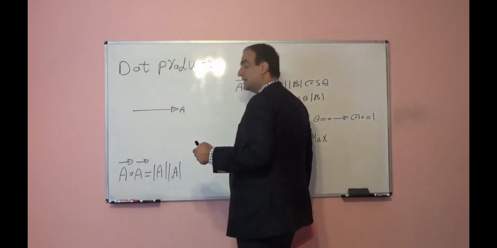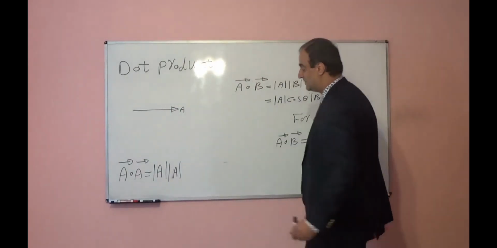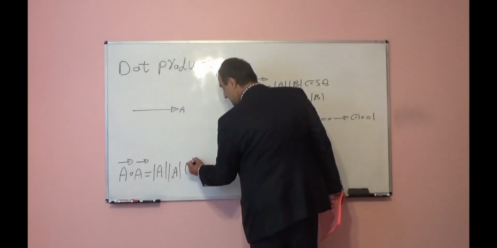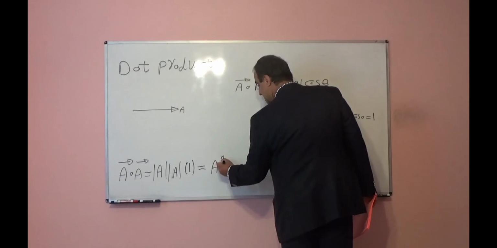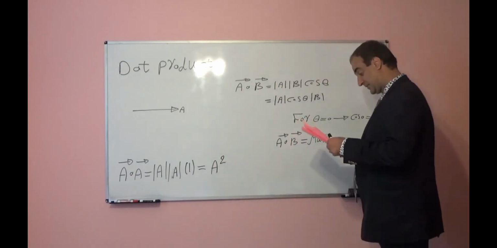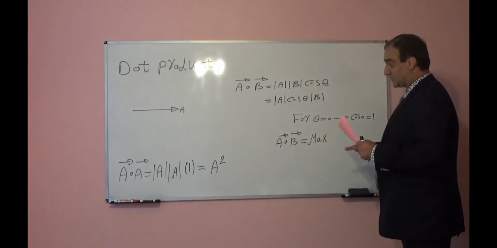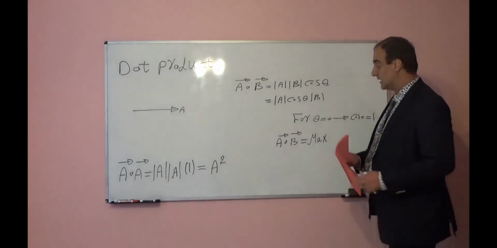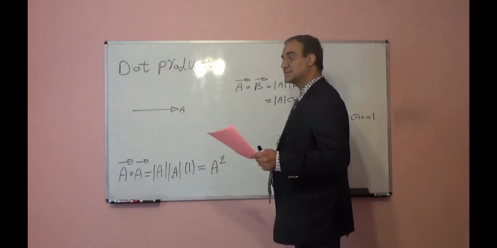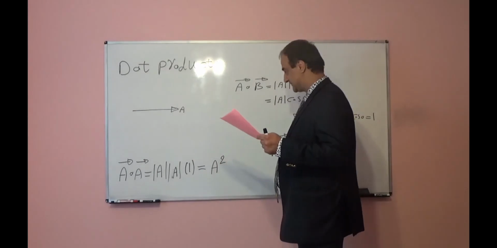The cosine of 0 will be 1. So A dot A will be A squared, and the answer will be a scalar.